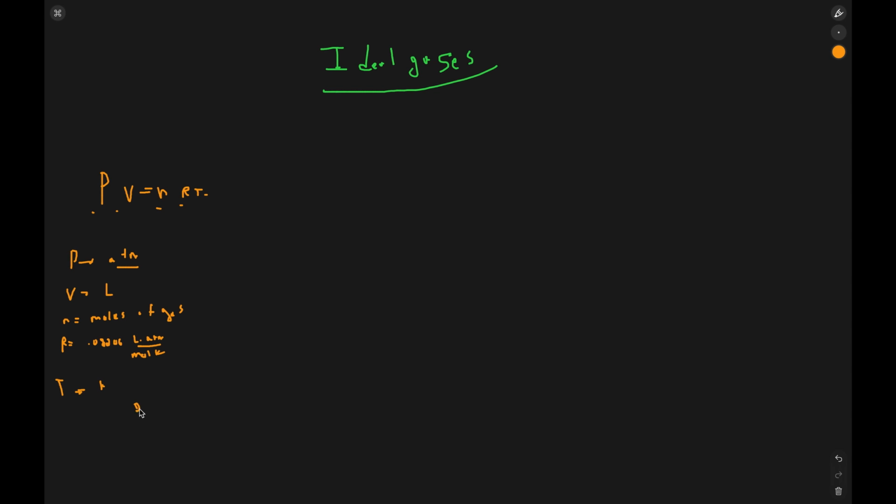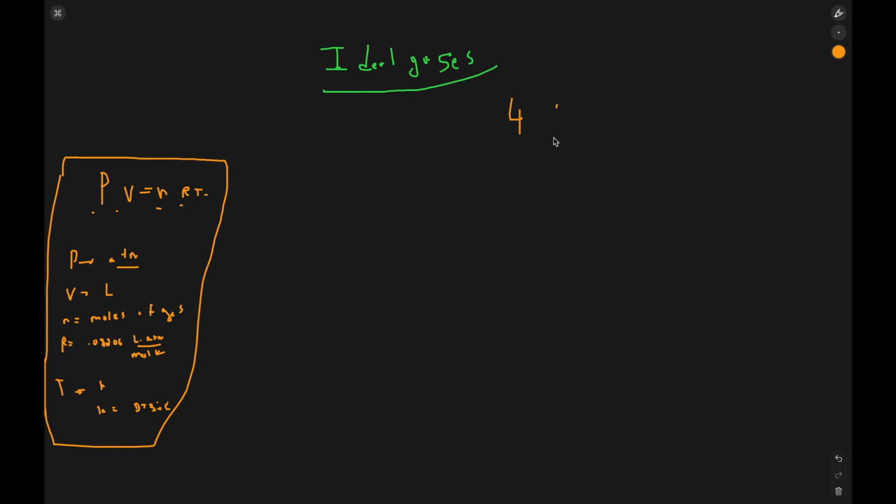You do 273 plus C equals Kelvin. Plus your degrees in Celsius, yeah. And so yeah, that's your equation whenever you're trying to figure something out with ideal gases. So let's do a practice problem.